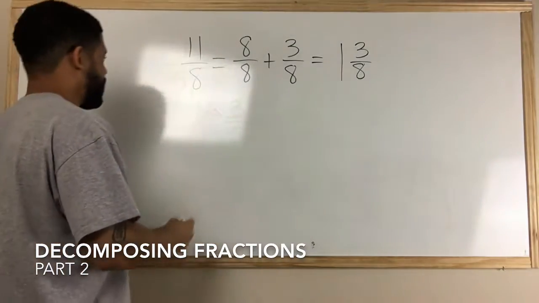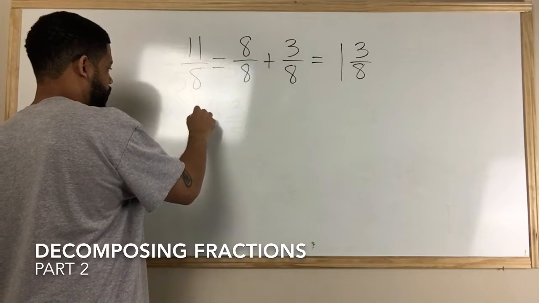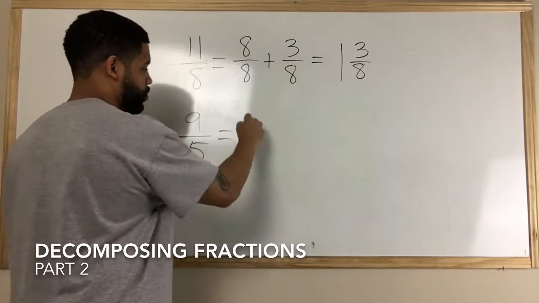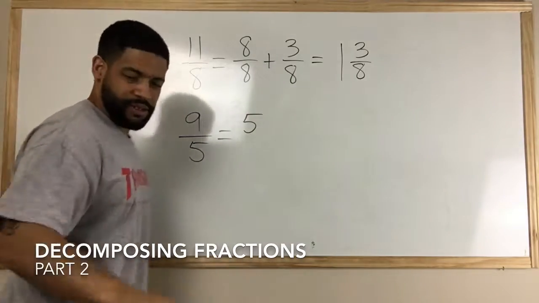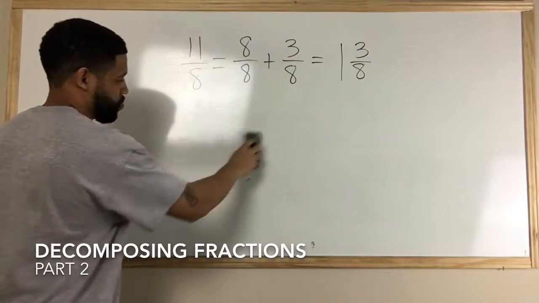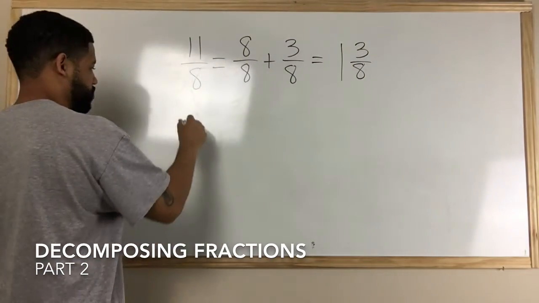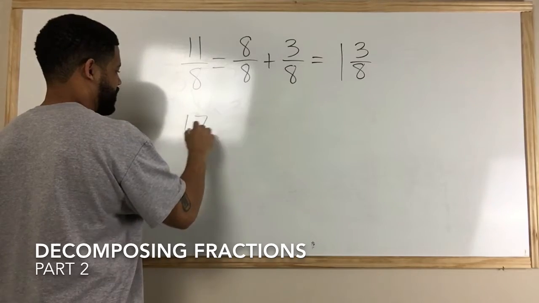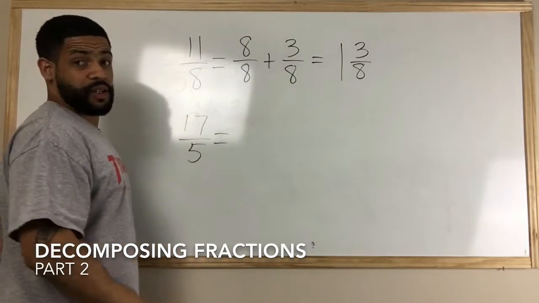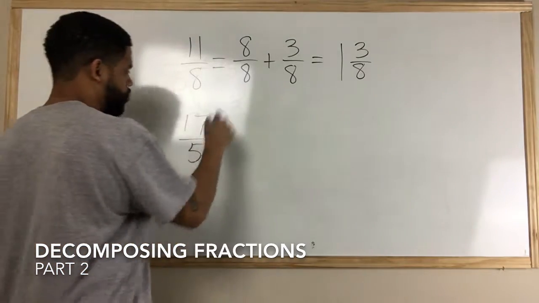So let's say if I have 9/5. Okay, 9/5 is equal to 5. No, you know what? I want to go bigger. Let's say we have 17/5. Okay, so 17/5, it's a larger number, but we can compose this.